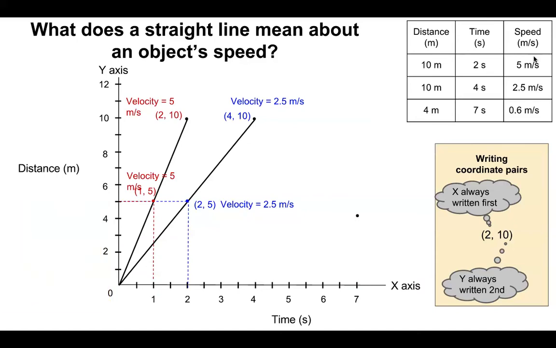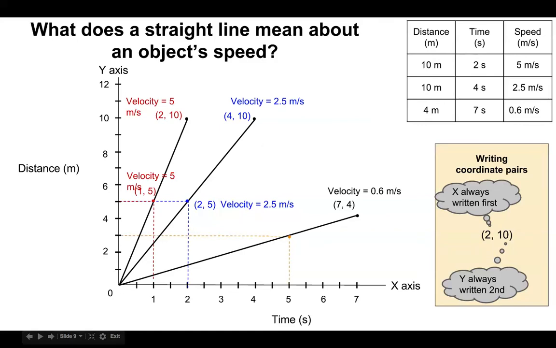Third point, up here. Draw a line. Oh, I didn't do my little lines here. 7 seconds and 4 meters gives us 0.6 meters per second. Oh, there's my lines, or my lines are coming. 5 seconds, 3 meters.